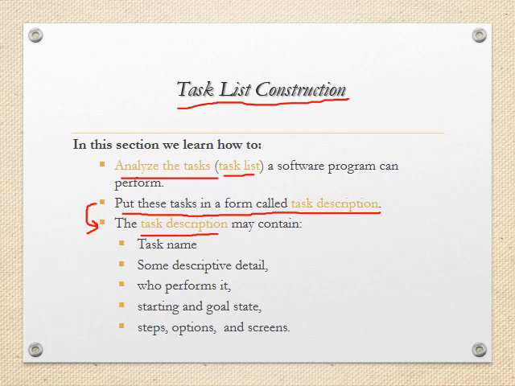Any task description might contain the task name, some descriptive details, who performs the task, the starting and goal state for the task, the steps, options, alternatives, and the screens needed in order to describe or explain this task.